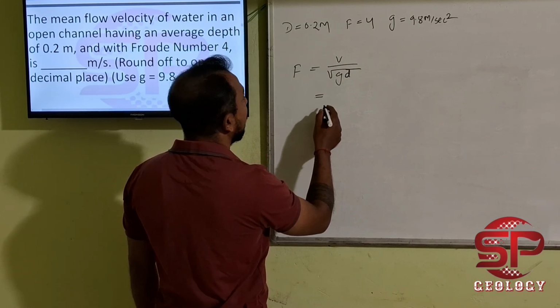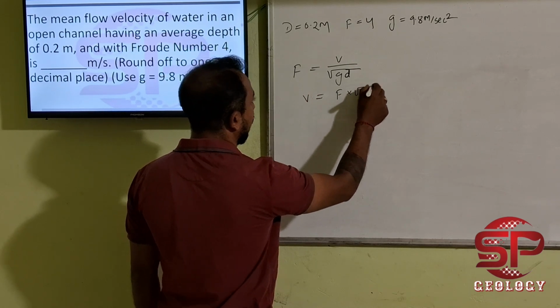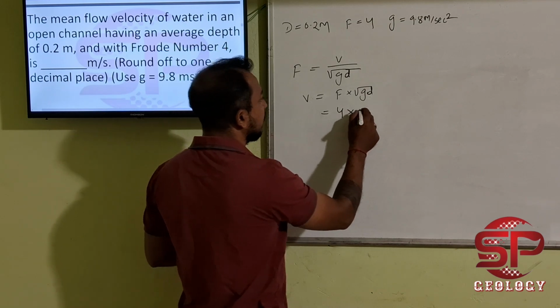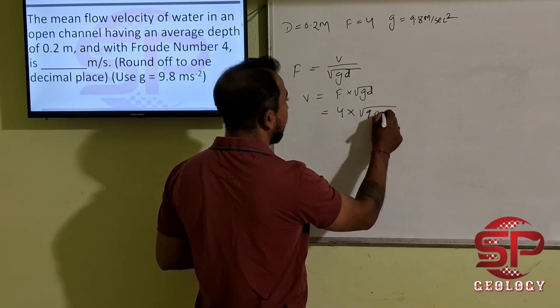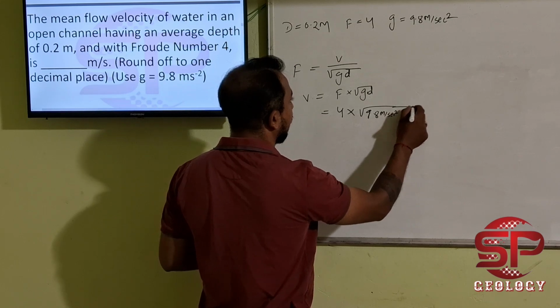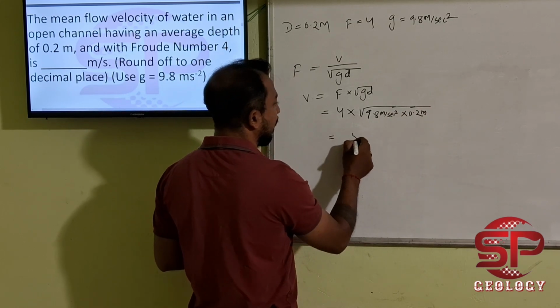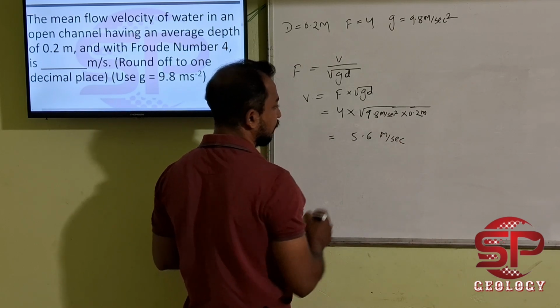So velocity will be F into root over of GD. F is given 4, G is 9.8 meter per second square, into 0.2 meter. So it will be 5.6 meter per second.